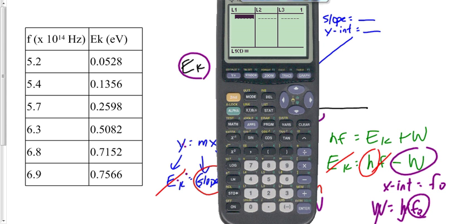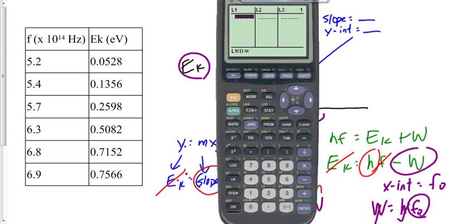Do not delete a column. Do not go up here and delete. You want to keep L1 and L2. It's okay to delete data. You will almost certainly not have data in here already, but if you do, just delete it. On diploma exam day, you certainly won't have data in there because your calculator is going to be cleared for you, so it's going to be all blank.